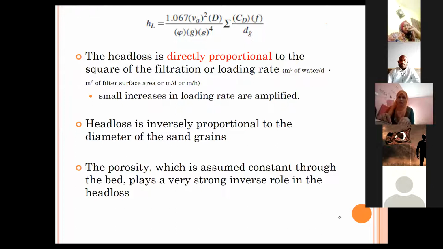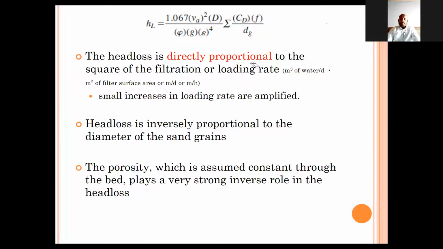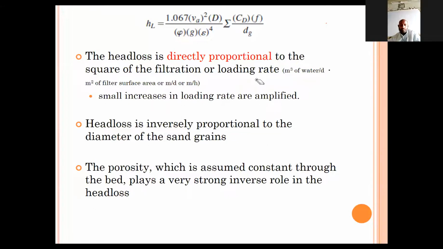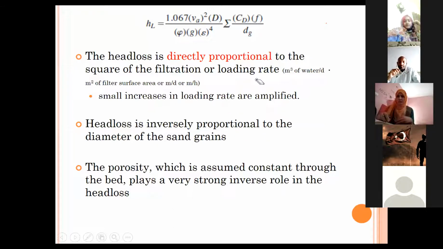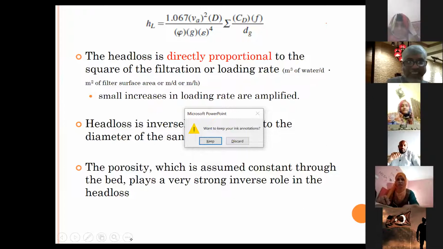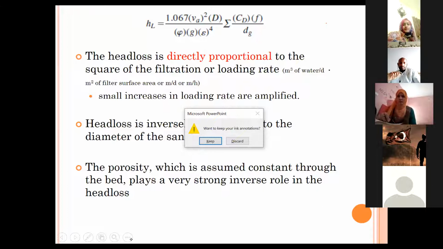So Javed, you tell me. What will happen, Javed? Javed, can you hear me? I cannot hear you. How to unmute you? Javed. Yeah, Javed, can you hear me?